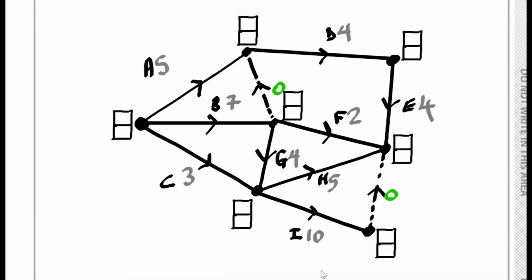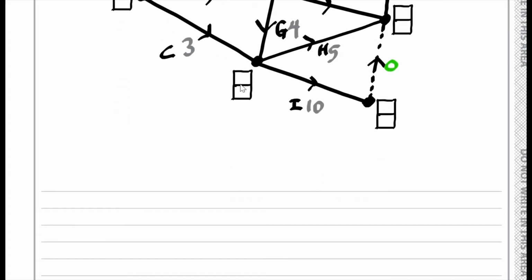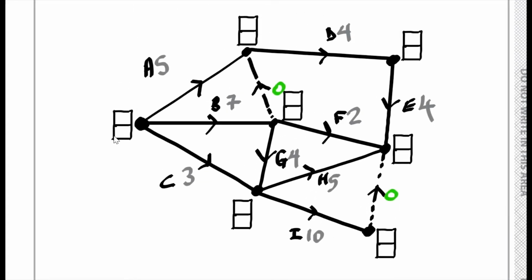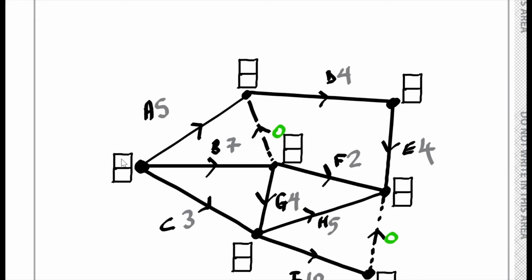So let's work through this. Let's do the forward passes and the backward passes. Forward passes we'll do at the top. We start off with 0, and then we have 5 going this way, and then we have over here what goes into B is 7, and then what goes over here is 3, and then from the 7 we can add 4 to get 11.